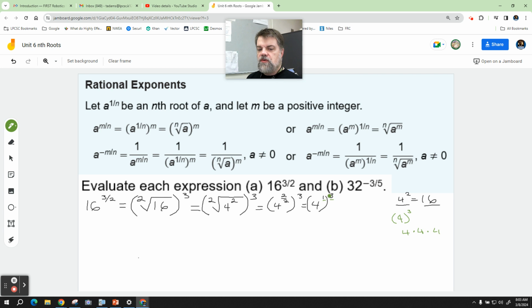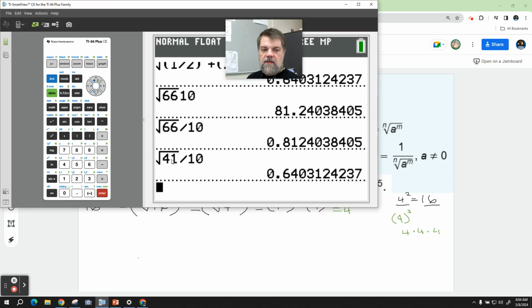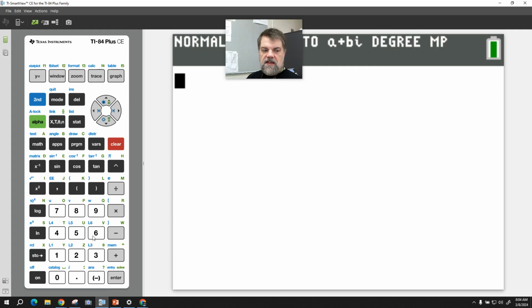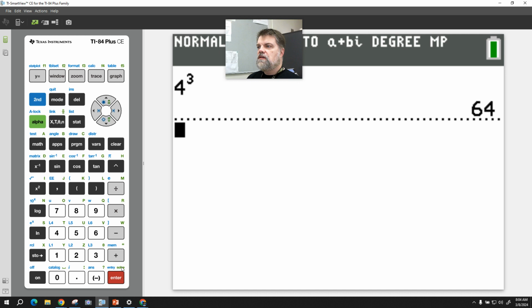But also 3 times 1 is 3, so this whole thing becomes 4 to the third power. And then at that point, if you plug 4 raised to the third power into your fancy calculator, it's going to be 64.